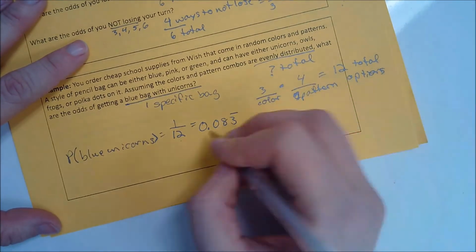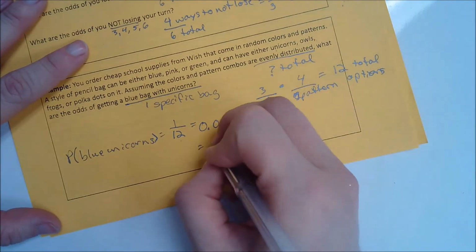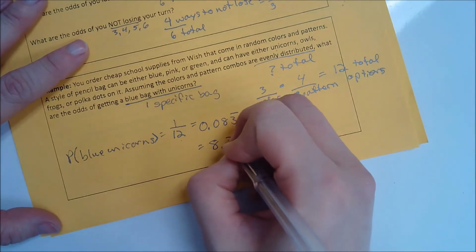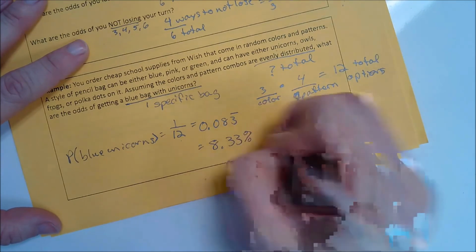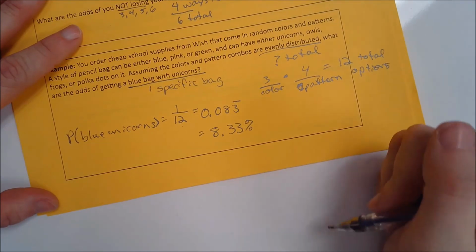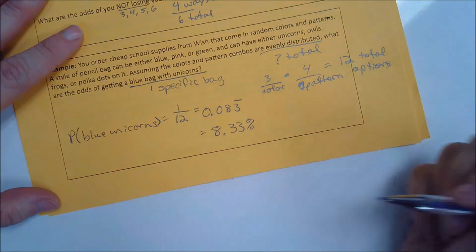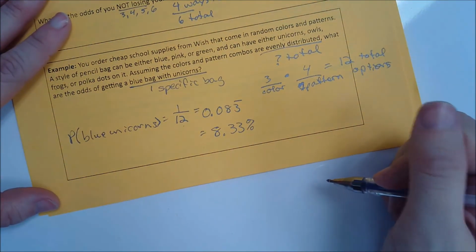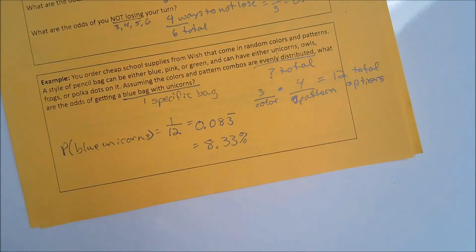You can just round that to 0.083 if you want to, which rounds to 8.33%, which are not good odds if you really, really want that blue unicorn. Maybe find a different listing that lets you pick which bag you want. But that's probability of simple events.